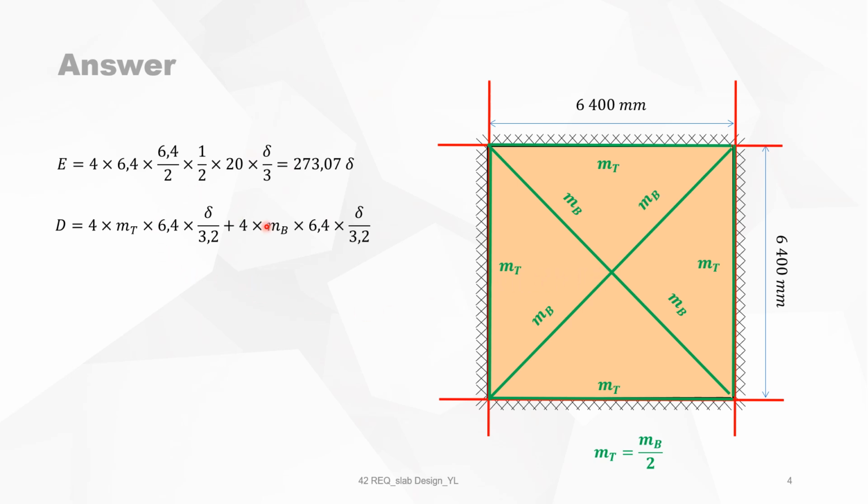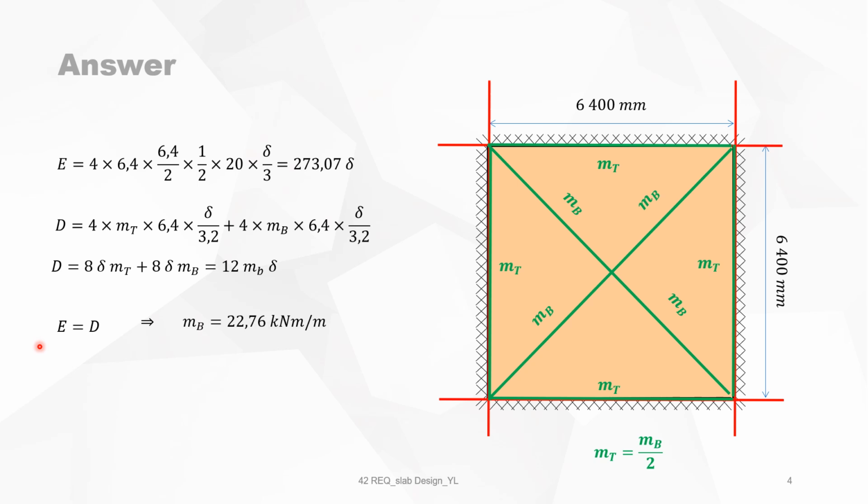And then we go for the positive bending moments. For instance, this is MB projected to the axis of rotation. So it is 6.4 times the angle of rotation, which is delta divided by 3.2. And we have that 4 times. So D is then equal to 12 MB times delta, because we have substituted MT equals MB divided by 2.